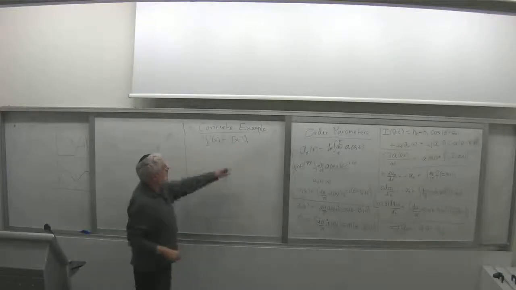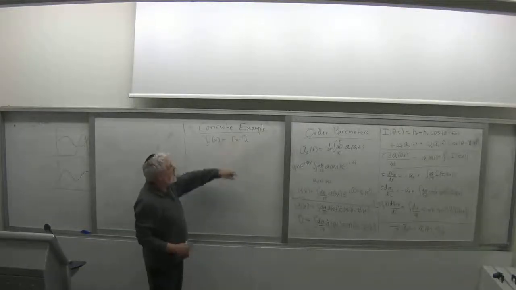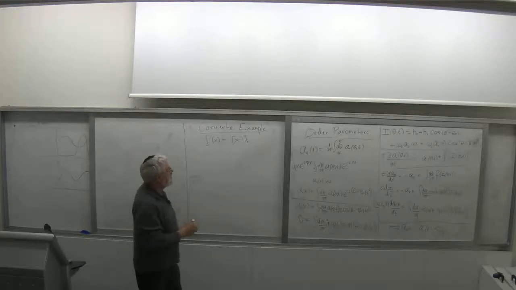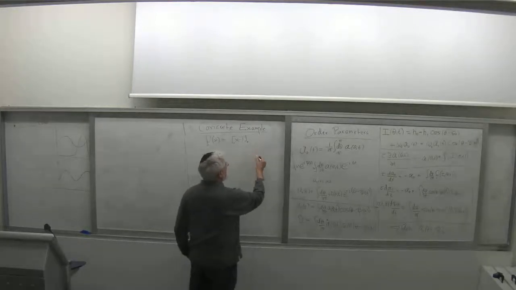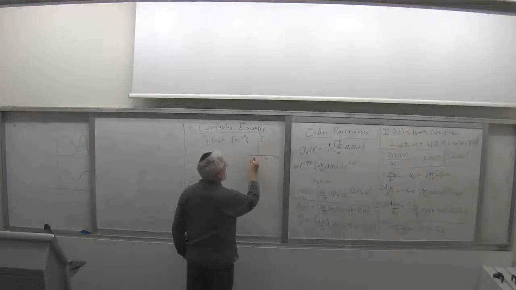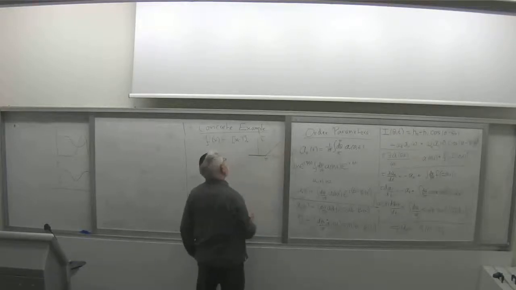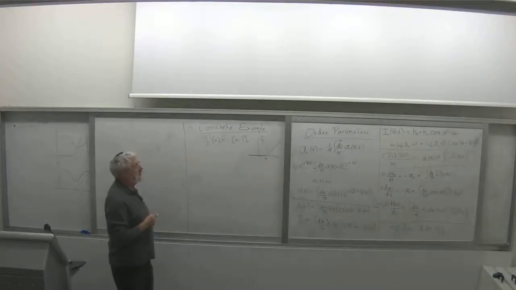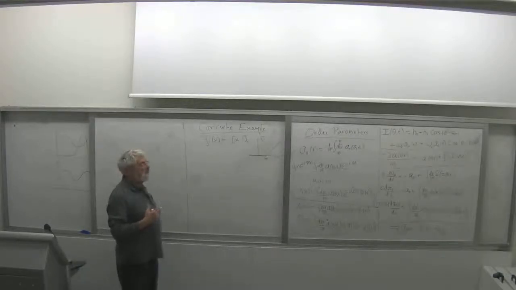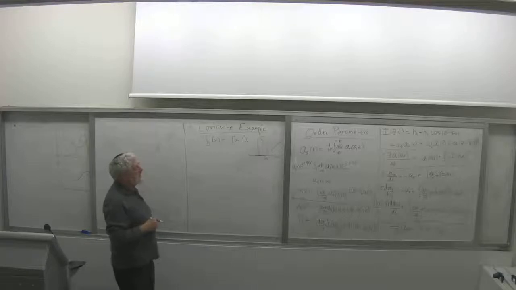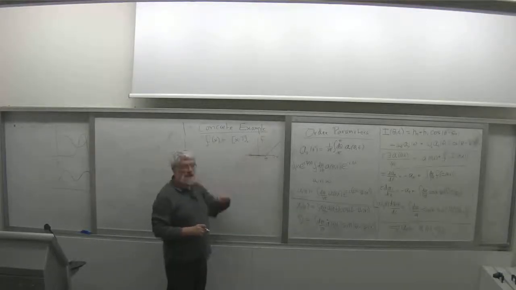The parenthesis plus means that it is 0 if the argument is negative, and otherwise it is the argument itself. So f of x looks like that. If this is x, and this is f, if x is below threshold, it is 0. If it's above threshold, it's just x minus t. That's the simplest nonlinearity, and it turns out that many of the properties of nonlinear networks, at least at the rate dynamics level, are captured by this nonlinearity.